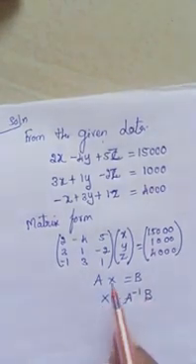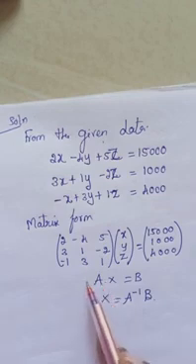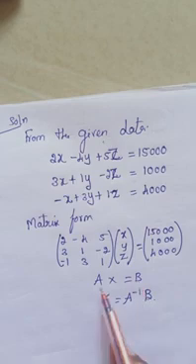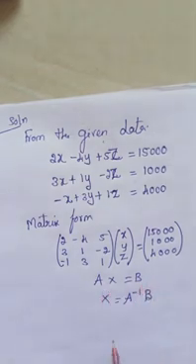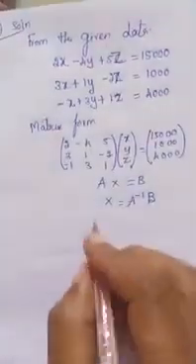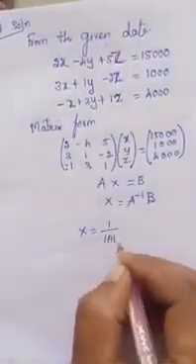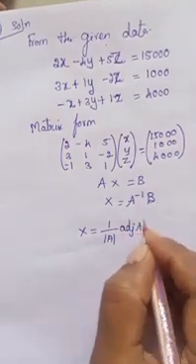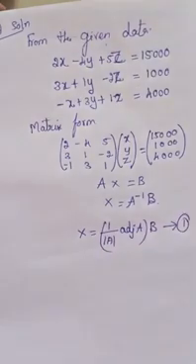This is AX equal to B and X is equal to A inverse B. Isn't it? I have already explained this very clearly in yesterday's class. So pre-multiply by A inverse on both sides. So A will be eliminated and there we will get A inverse into B. Now here X is equal to A inverse, which is 1 by determinant A into adjoint A into B. So we can mark it as equation number 1.